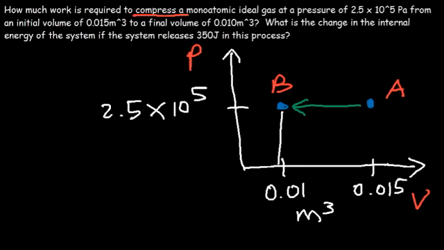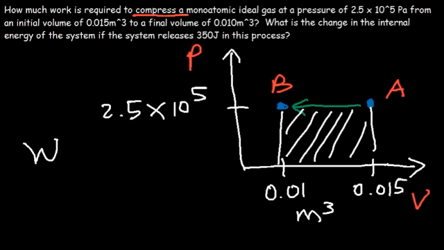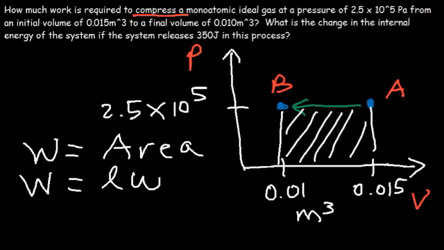It turns out that the area of the PV diagram is equal to the work done on the gas or by the gas. So the work is equal to the area. Now we know that the area is equal to the length times the width. The length of this rectangle is basically the pressure. And the width of the rectangle is the change in volume.